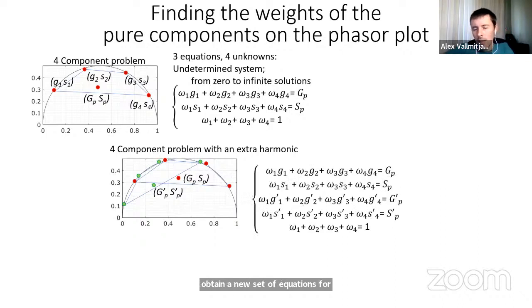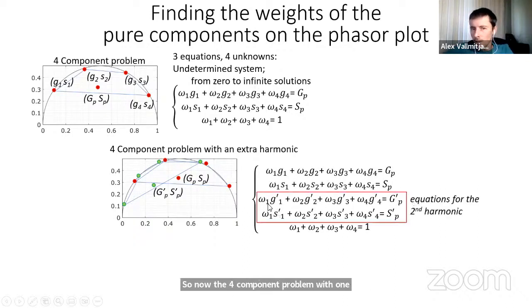So now the four-component problem with one extra harmonic gives you a new set of equations which correspond to the capital G and S of the second harmonic and the lowercase g and s of the pure components in the second harmonic.